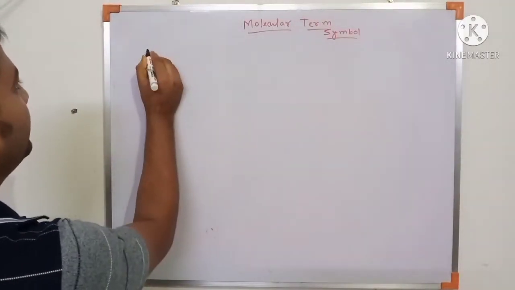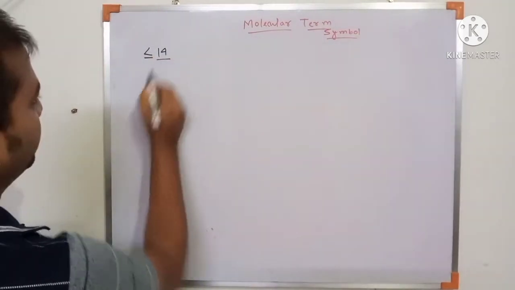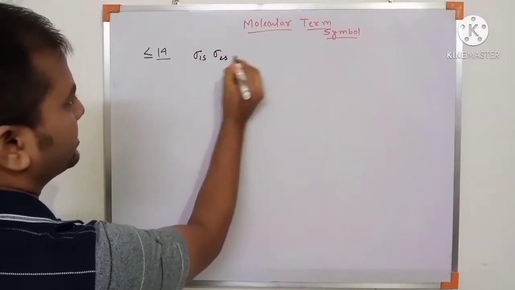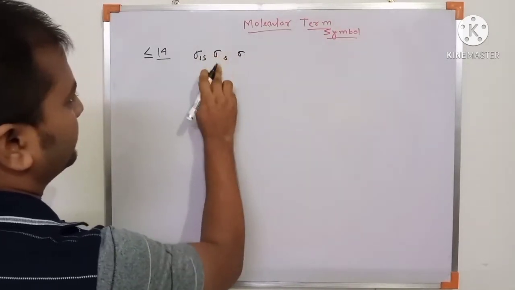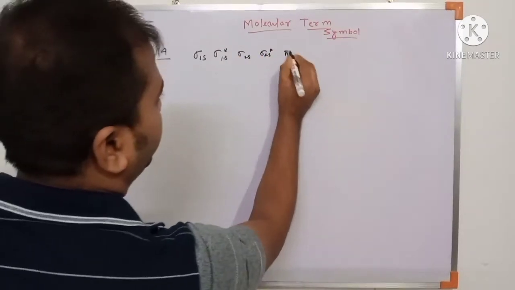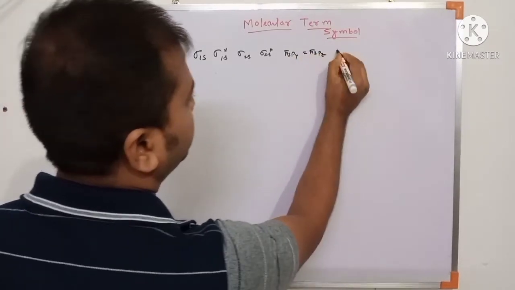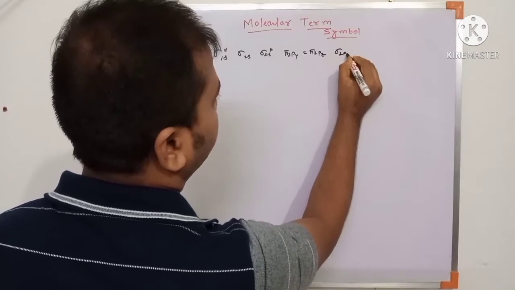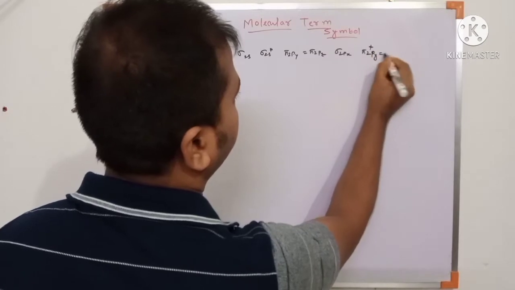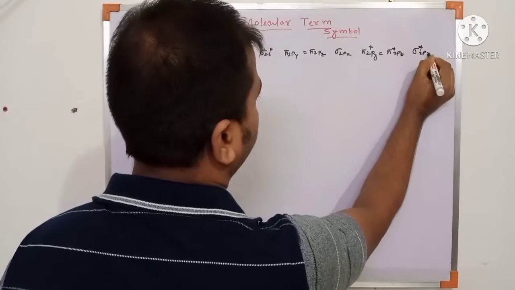We know the molecular orbital diagram for less than 14 electrons. We know this is sigma 1s, sigma star 1s, sigma 2s, sigma star 2s, pi 2py equal to pi 2pz, sigma 2px, pi star 2py equal to pi star 2pz, sigma star 2px.